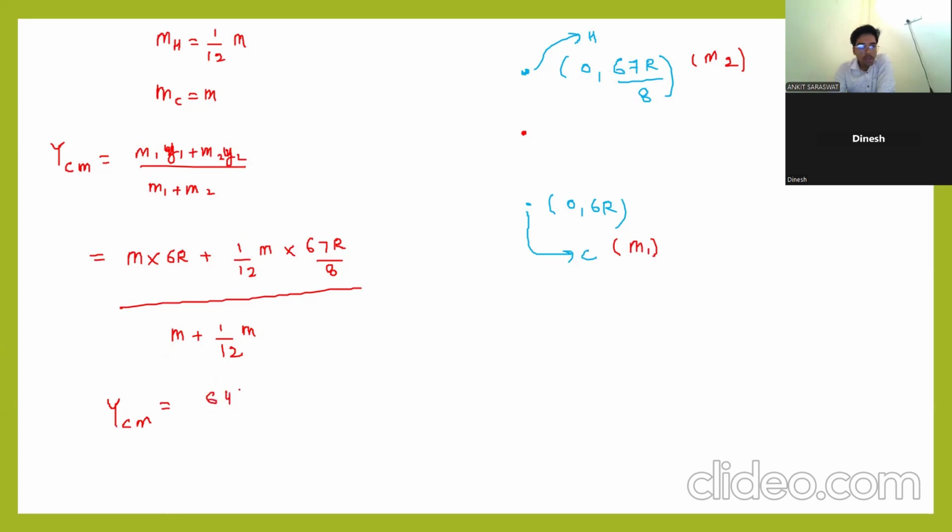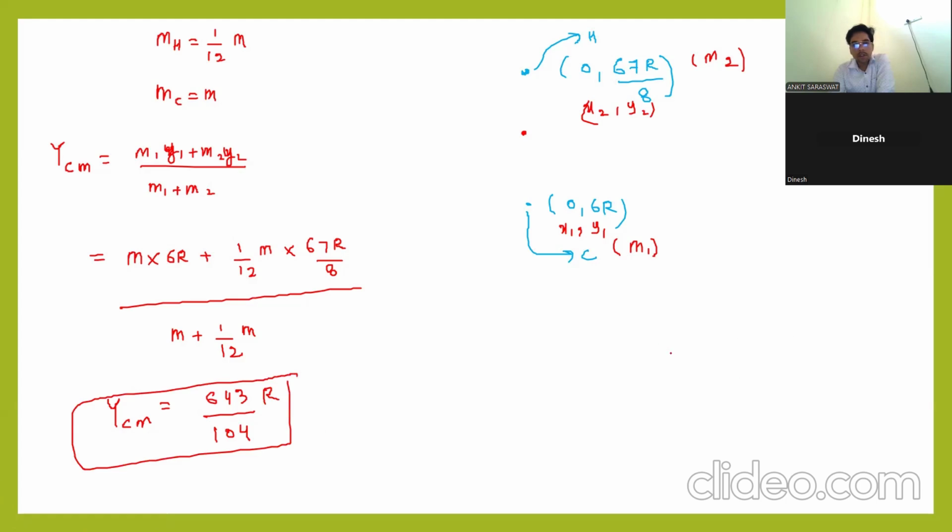Sir, Y1 will be 67R by 8? No, no, no. I have taken this as M1, so it will be X1, comma Y1. If I take M2, this is X2, comma Y2. So this is the answer you are getting. Just check YCM. Sir, I made a mistake. No problem. So the coordinate will be 0, comma YCM, that is 643 R by 104.